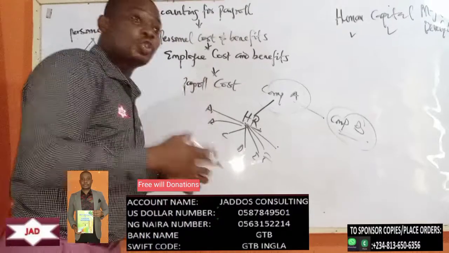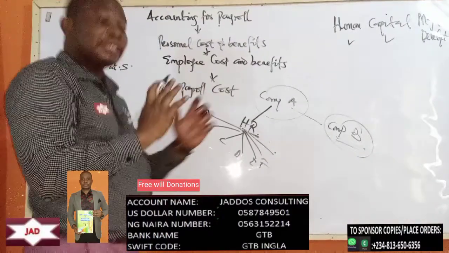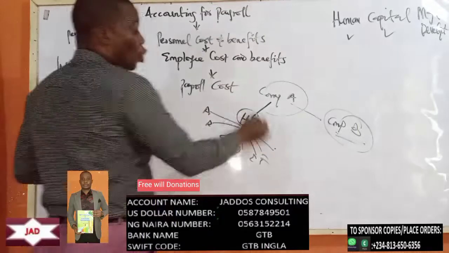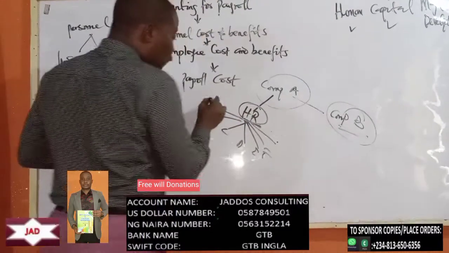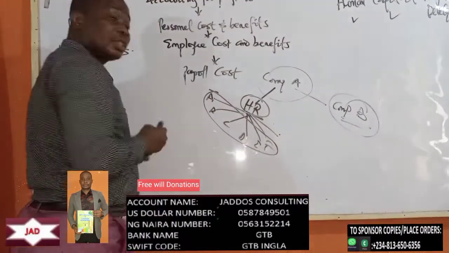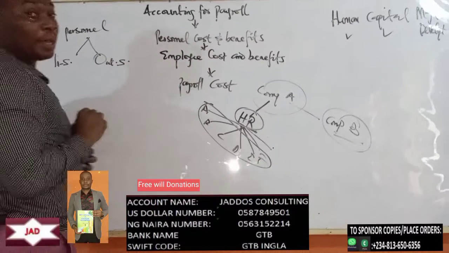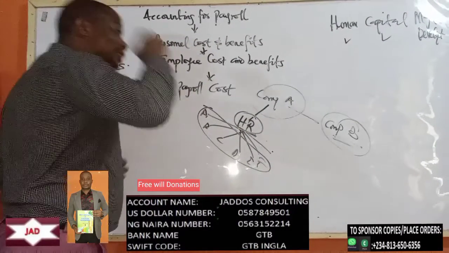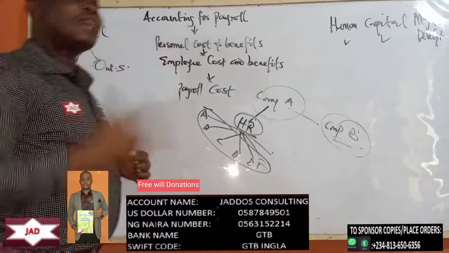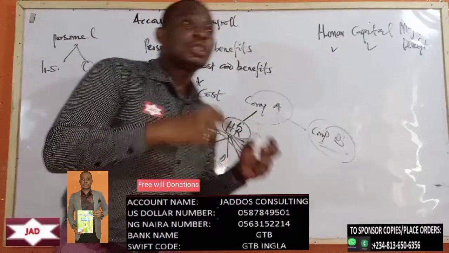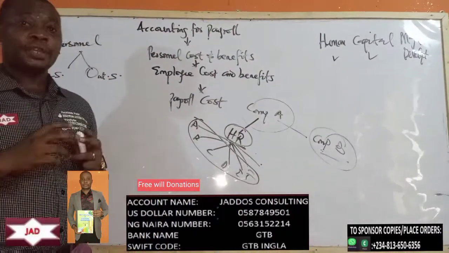So at the end of the month or at the end of a particular period, depending on the policy, this HR computes the cost of all these employees and then sends to the accountant for payment. So in doing this, it is expected that as an accountant, you must understand some aspects of the payroll.